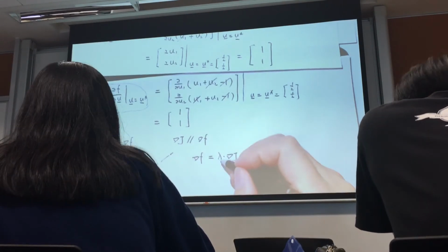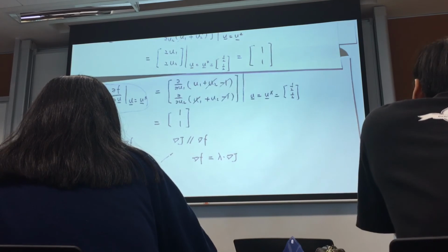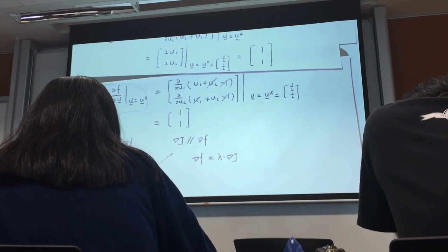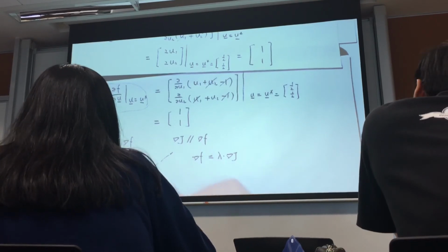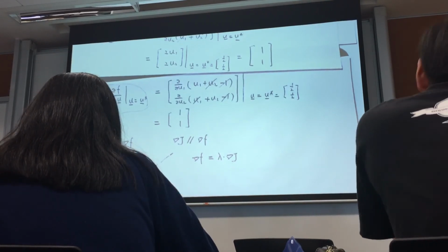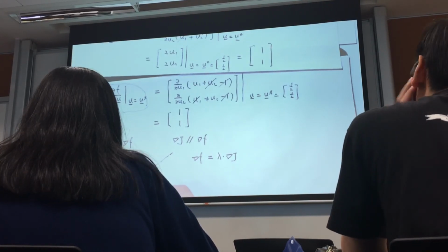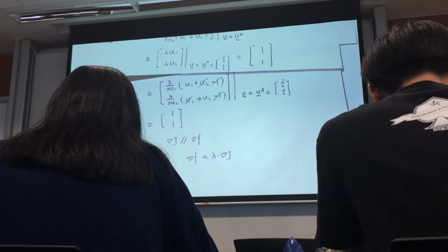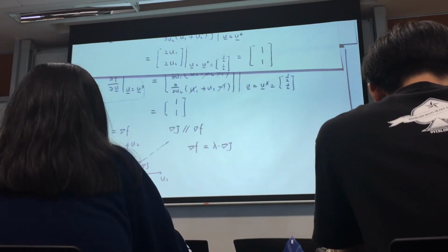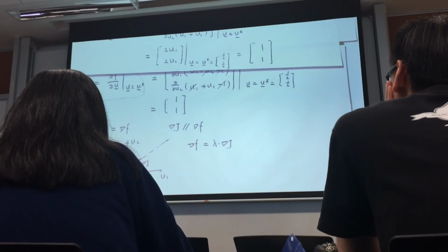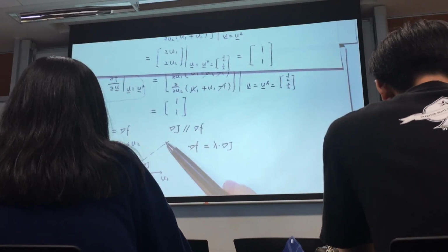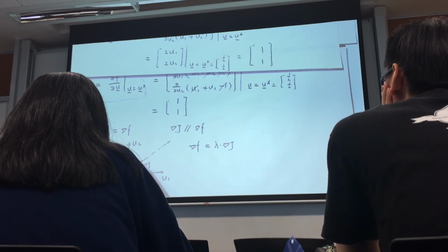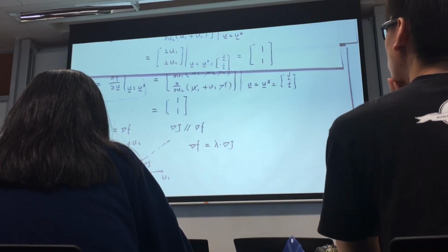So delta F could be a vector like this, or a vector like this, in the same direction but with a different amplitude.